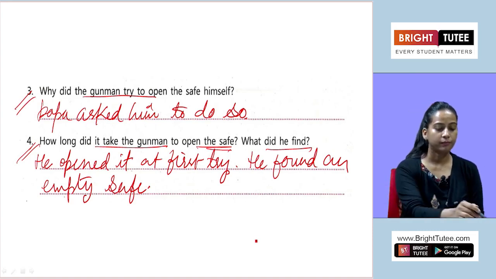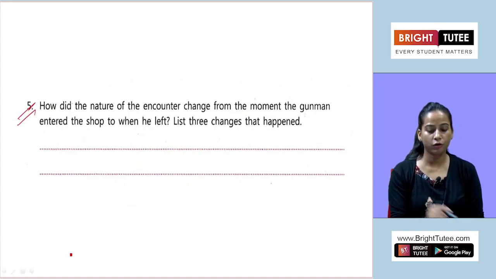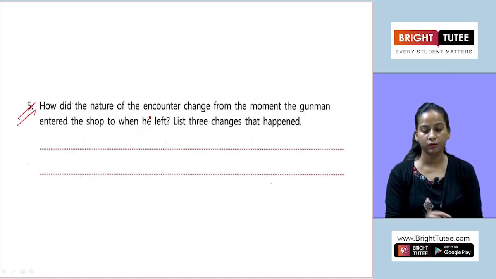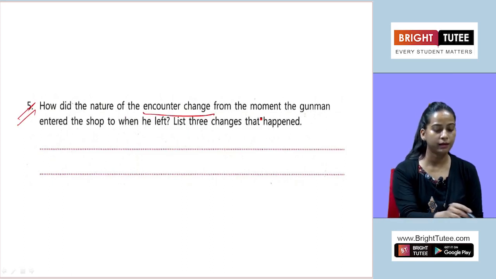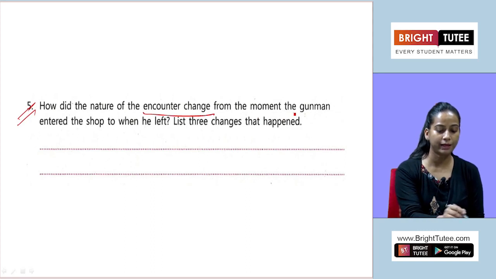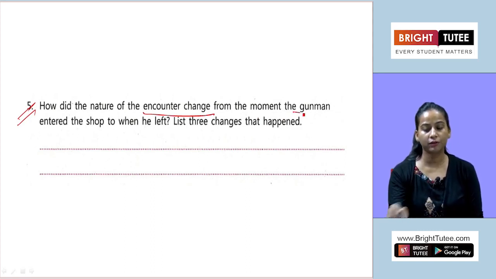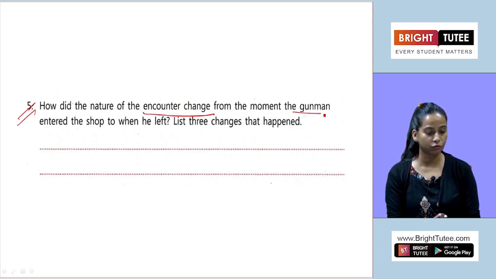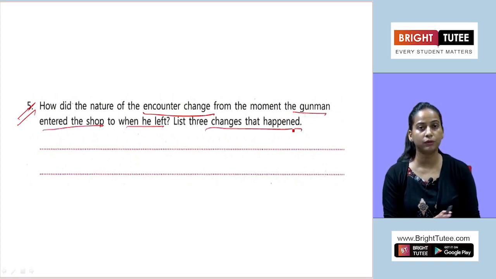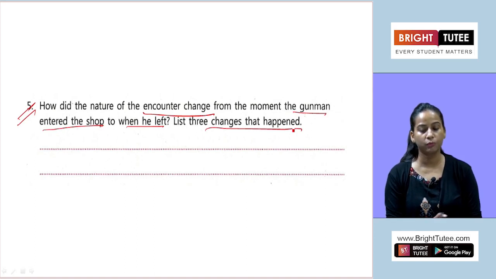Question number 5, how did the nature of the encounter change from the moment the gunman entered the shop to when he left? List 3 changes that happened. So in this question number 5, we have to mention how the nature of the encounter changed, because in the beginning something else was there.